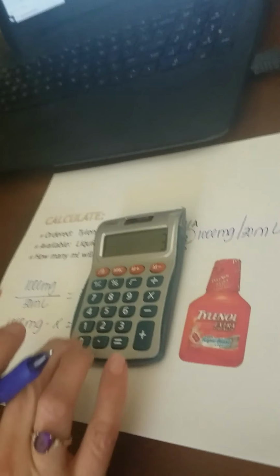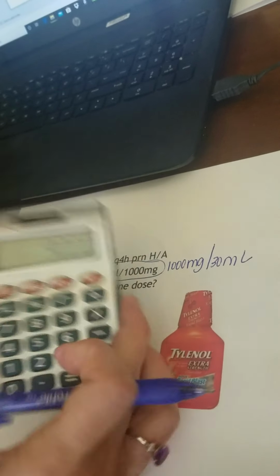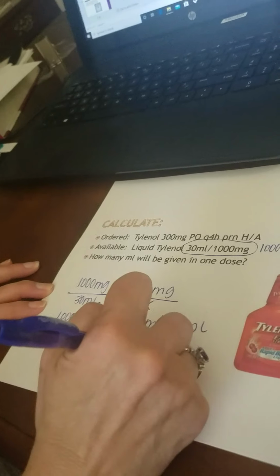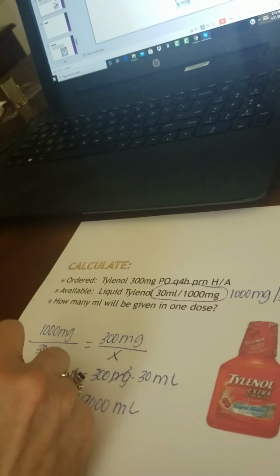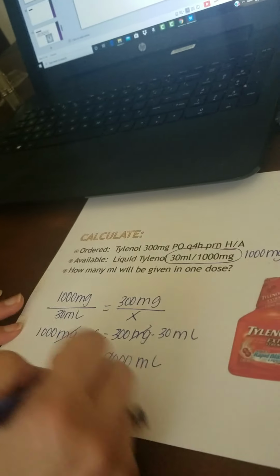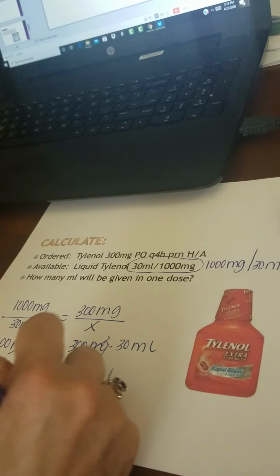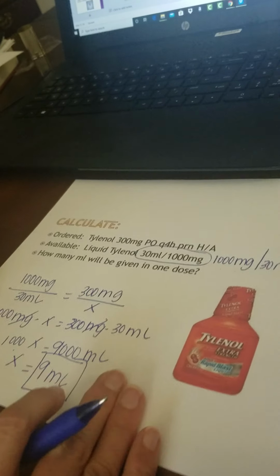I know what it is, but I'm going to do it anyway. 9,000. To get X by itself, we're going to divide by 1,000 and we get 9 milliliters. This is how much we are giving of Tylenol in one dose.